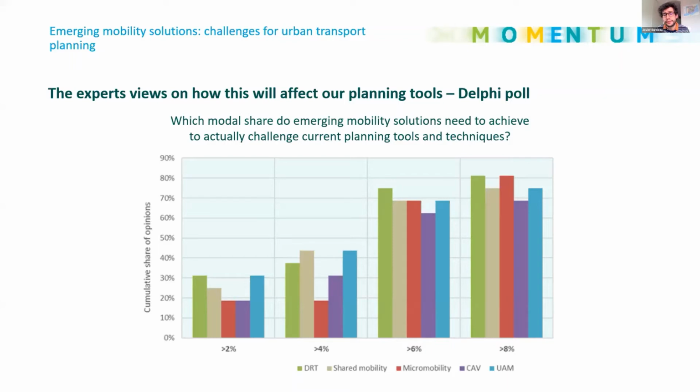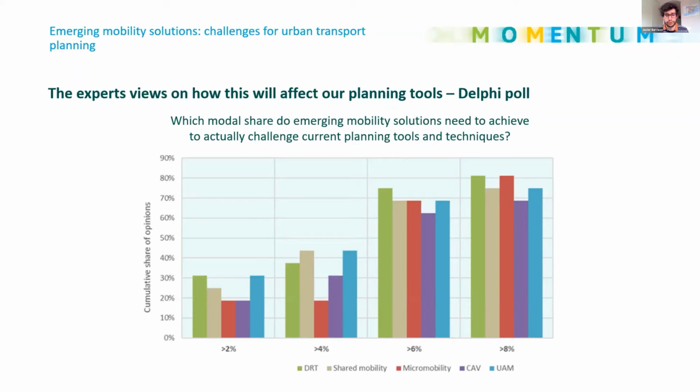The second part of this Delphi poll moved on to asking experts how they see that the tools and techniques we use in transport planning will have to adapt to these emerging mobility options.